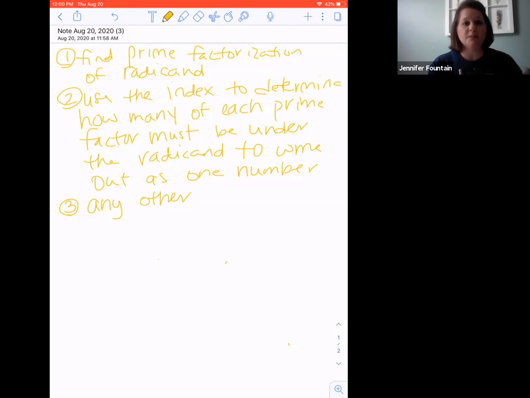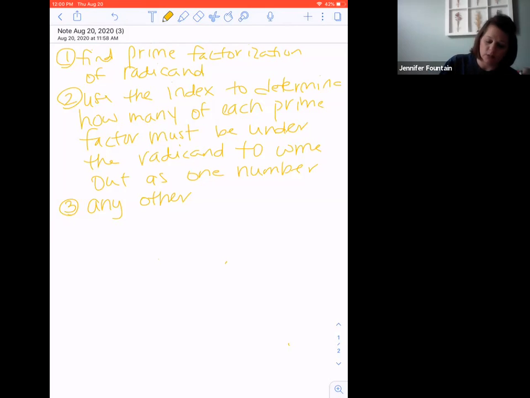But if you have steps in a process and you can look back and go, okay, I found the prime factorization, now what do I do? Now I've got to use the index. So when you get stuck, go look to see what step you're at. Or did you skip a step?